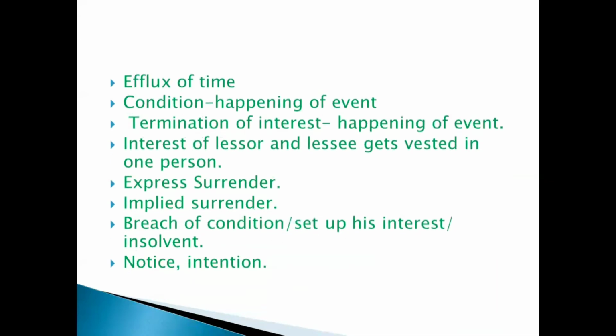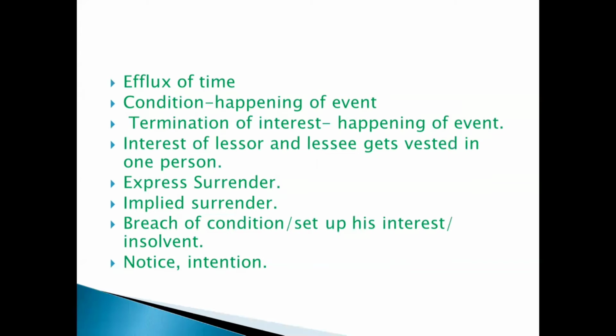The explanation part is: effect of time. When you enter into an agreement of lease, you must have mentioned a time, a date, when the lease will come to an end. The moment the time expires, the date has come, the lease comes to an end. Condition: happening of an event.